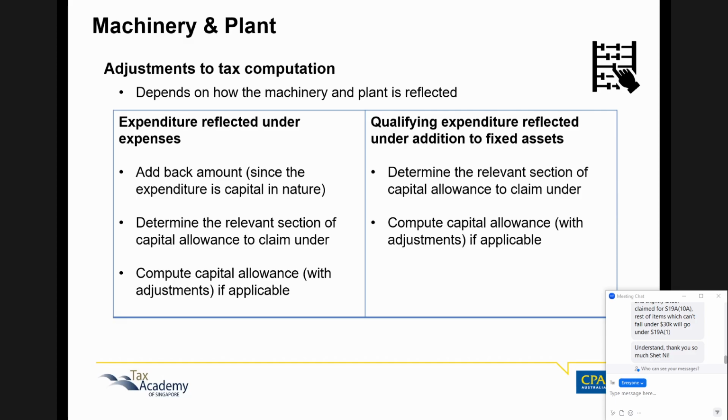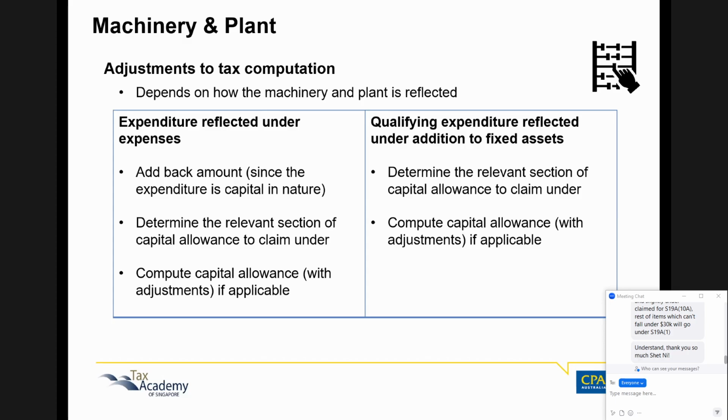Case study question 2, somewhere along the midpoint, you will see adjusted profit before capital allowance. There's the amount, then less capital allowance. I just want to highlight that when you're doing your computation, usually we are talking about, in this case, a profitable company.